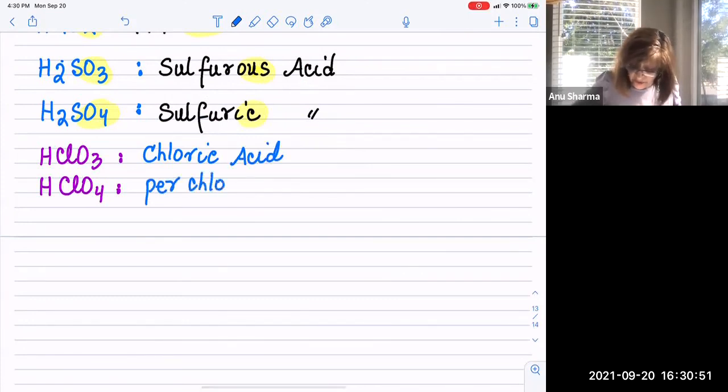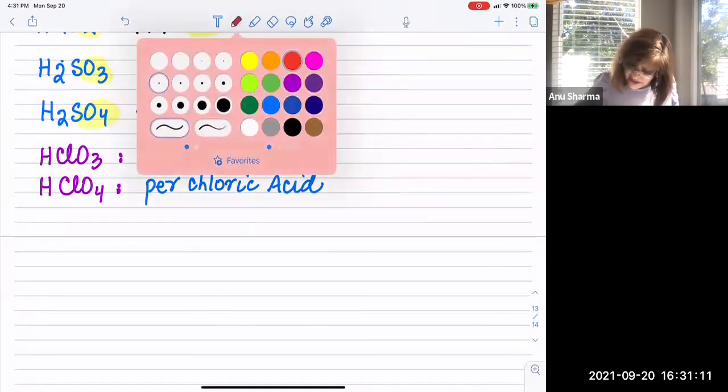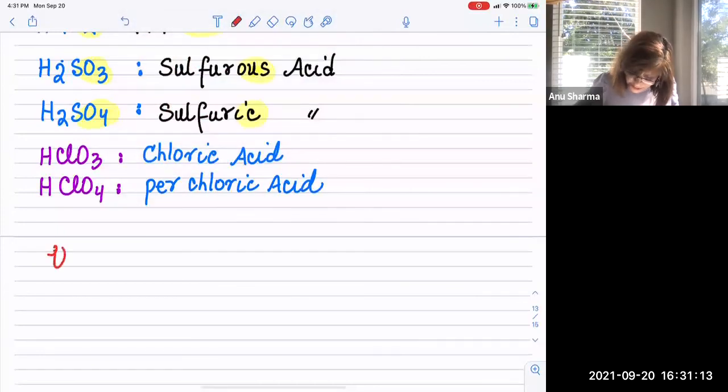So this is perchloric acid. And similarly for the hypochlorous acid. Okay, so these are the basics.